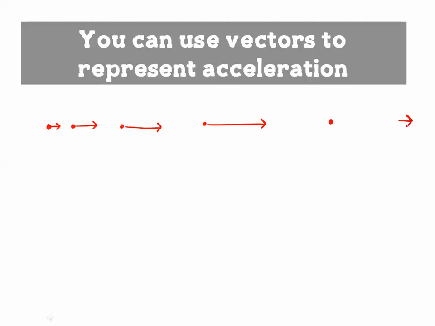If each of these time intervals is 1 second, then we want to find the change in velocity.